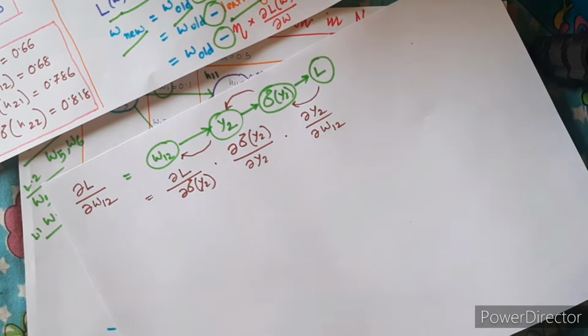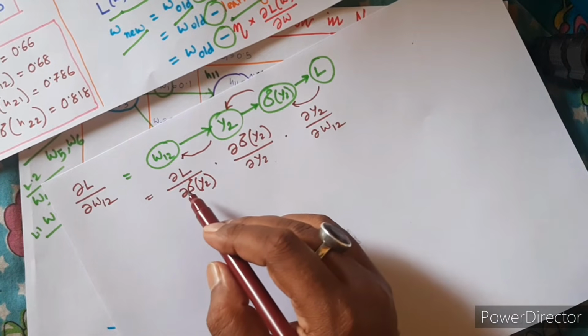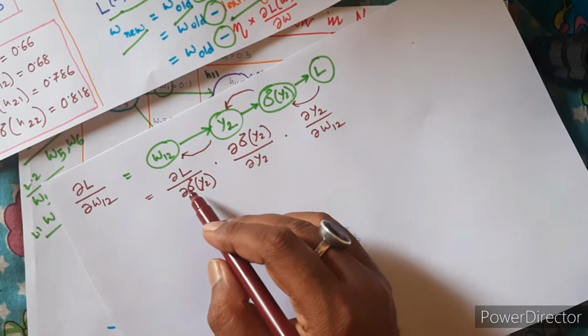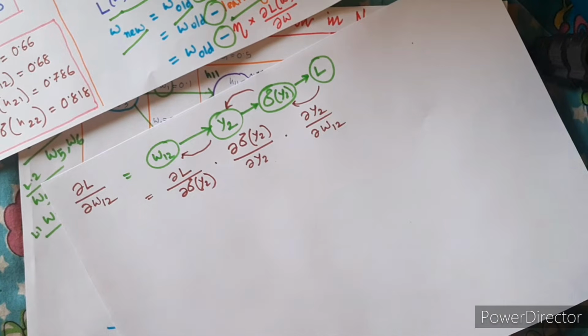So now what is delta L by delta sigma y2?